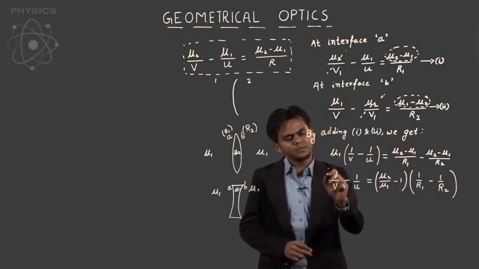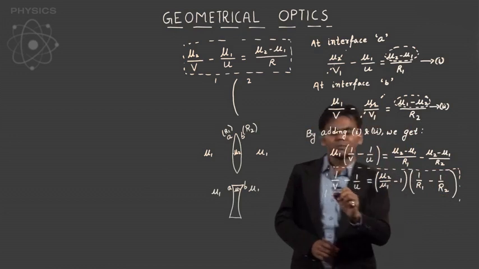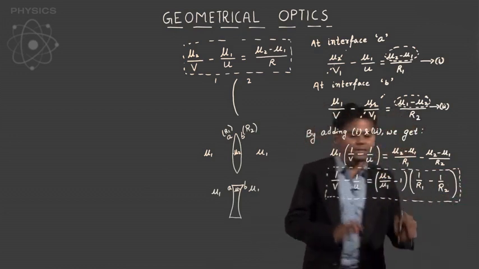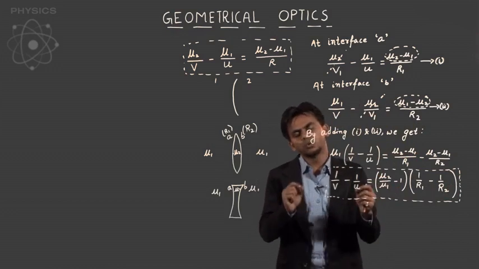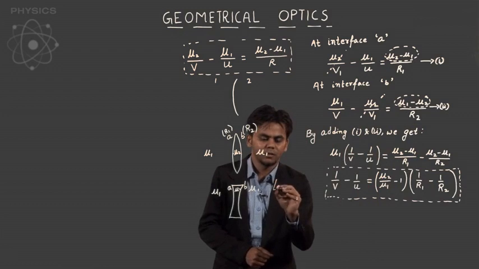Now if you observe this carefully, this is giving you the final image location if the object location is known. And this thing over here is also known as lens formula. This is your lens formula.